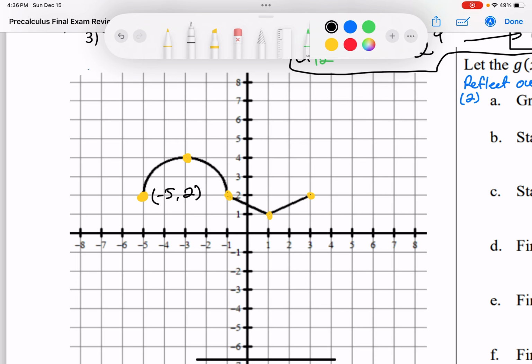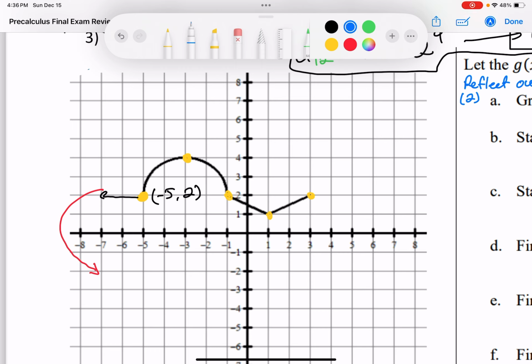We're going to move this point 2 units to the left. You're going to reflect it across the x-axis. So it's going to be right here.